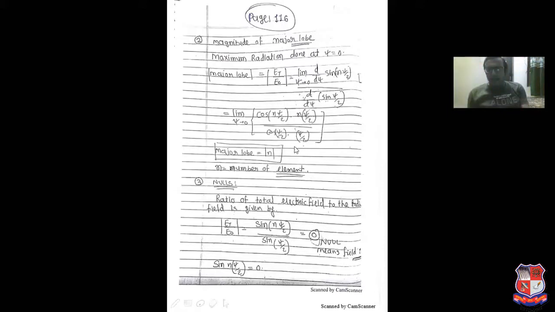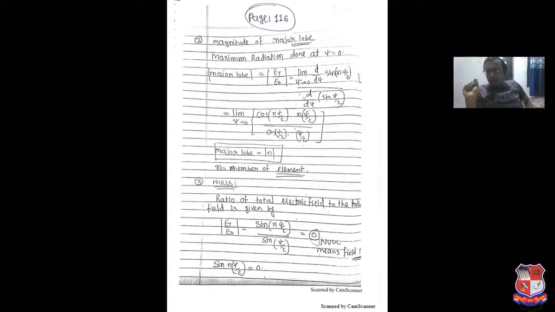So here the halves cancel, and the maximum magnitude of major lobe is n. Now n means what? Number of elements. If 5 antennas are used, then the magnitude of major lobe is 5. So it depends on the number of elements present in the antenna.